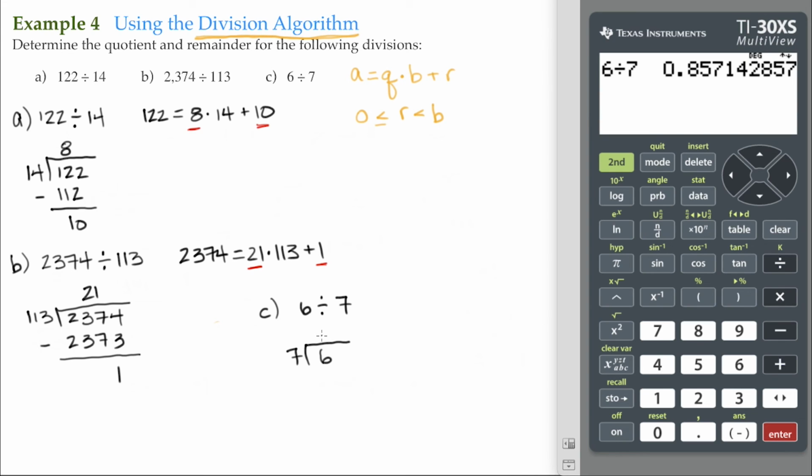So our quotient up here winds up being 0. 0 times 7, that's 0. We subtract, we have a remainder of 6. Writing it in terms of the division algorithm, 6 is equal to 0 times 7 plus 6. Our quotient is 0, and our remainder is 6. And there we go.